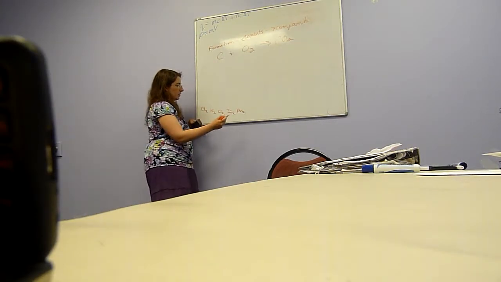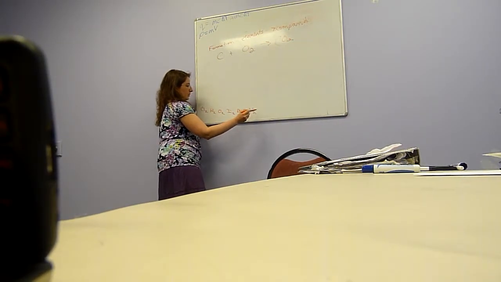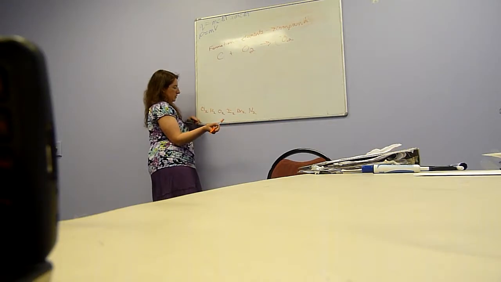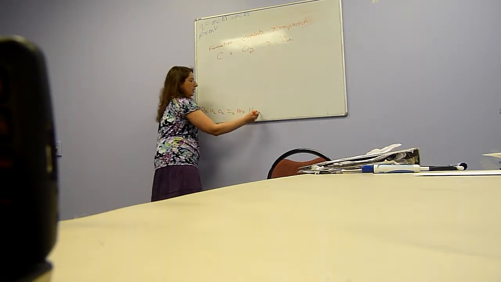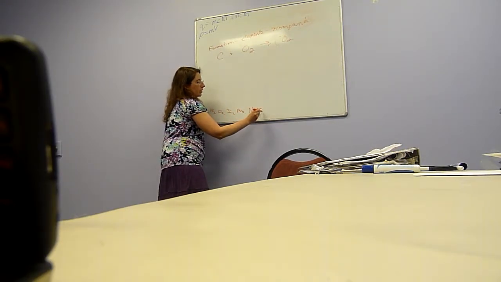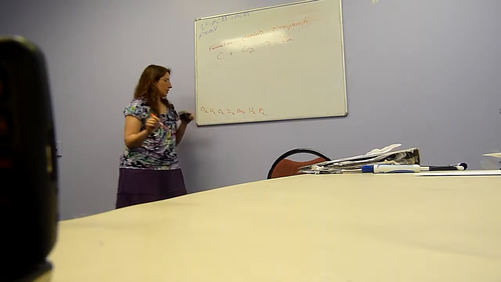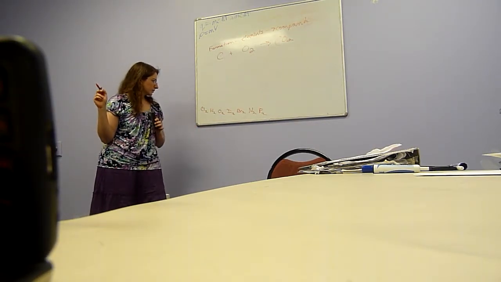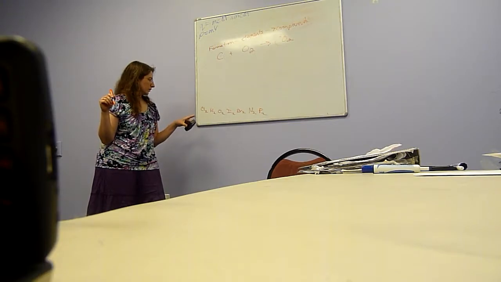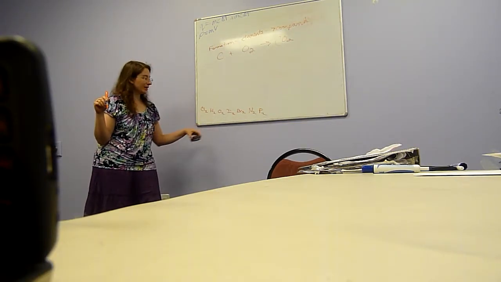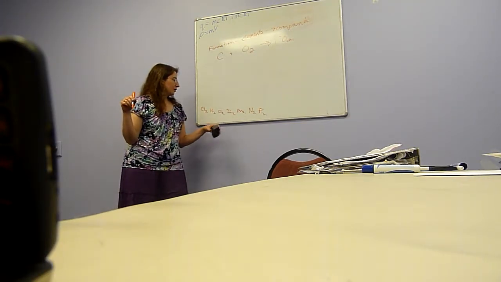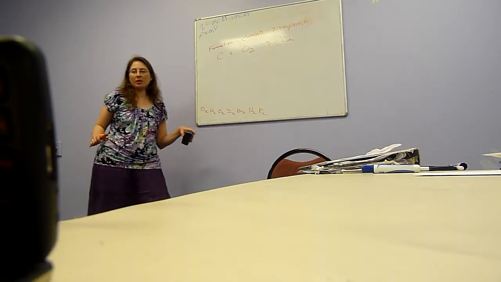Nora said fluorine. Yeah, all of those guys in the 7th row. Hydrogen's not in the 7th row. Oxygen isn't either. But the whole 7th row is homonuclear diatomic.